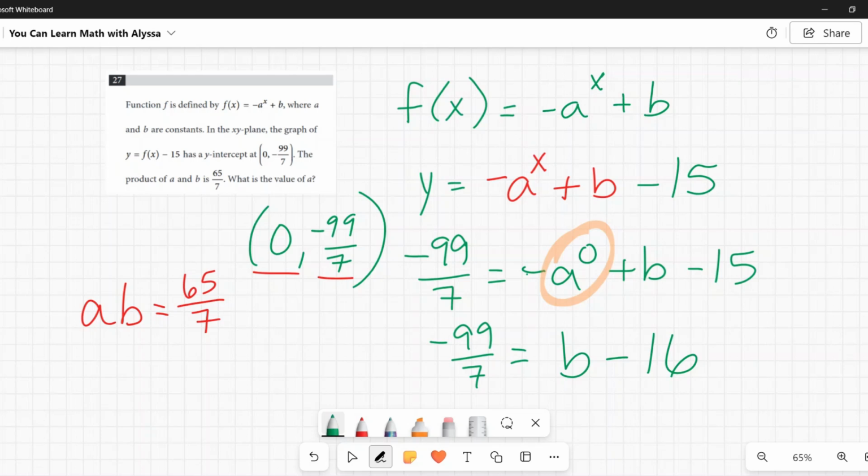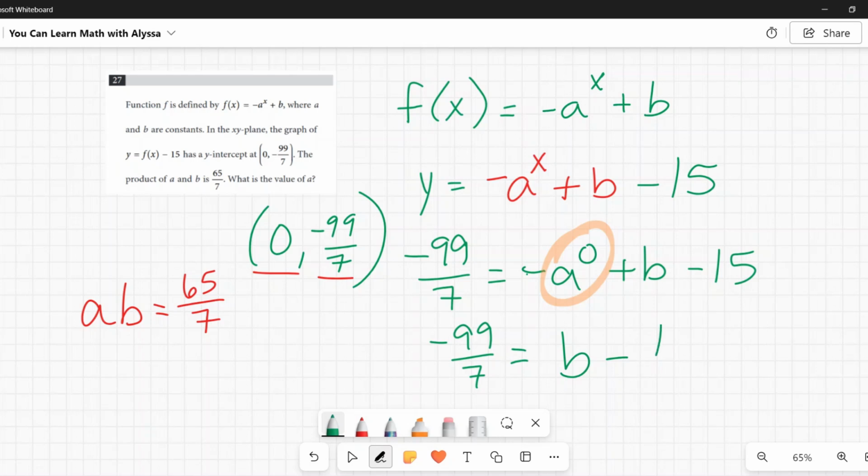All right, I'm going to keep this in sevenths because this is one of those problems where you have to plug in your answer. So they're not going to accept a mixed number for my answer. It has to be an improper fraction or a decimal. So I'm going to convert that -16 into sevenths. 16 times 7 is 112.